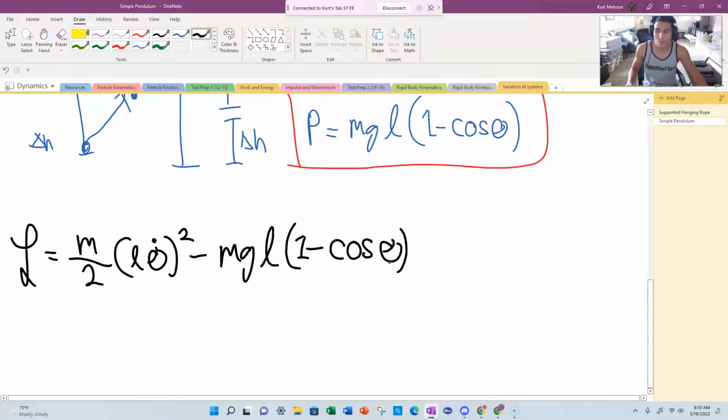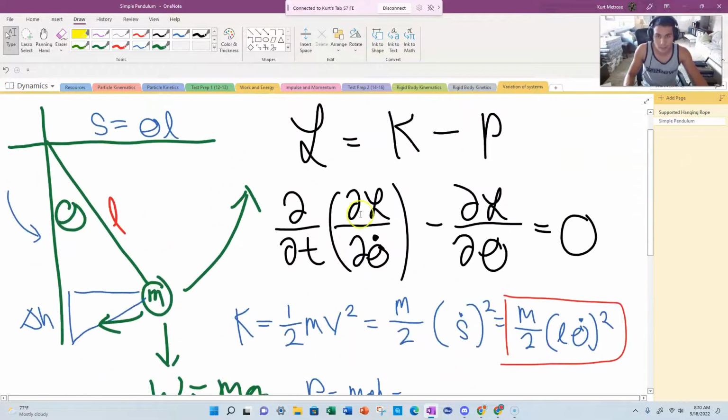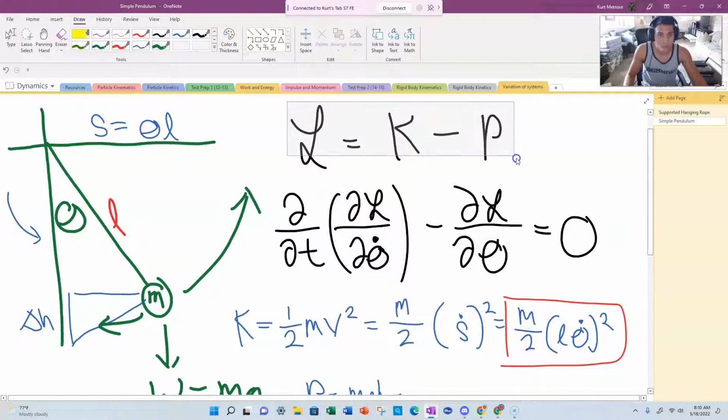So this is our Lagrangian. This equation doesn't give us that much, but this equation tells us a lot more. So now we have to find these partial derivatives. We can break it into parts real quick: find this partial derivative first and then this one. I think we should start with finding this partial derivative.